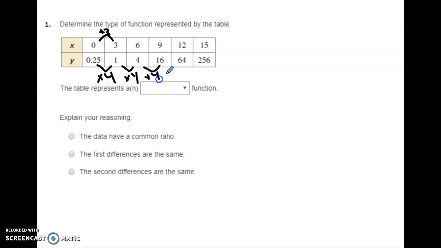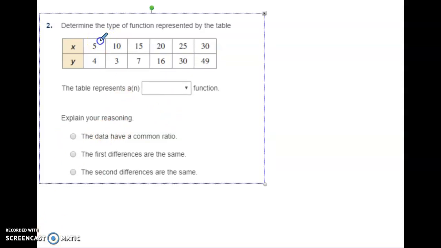Because it's a common ratio, because we're multiplying, this is an exponential function. All exponential functions increase by multiplying by a common ratio, and the data having a common ratio would be the reasoning there.